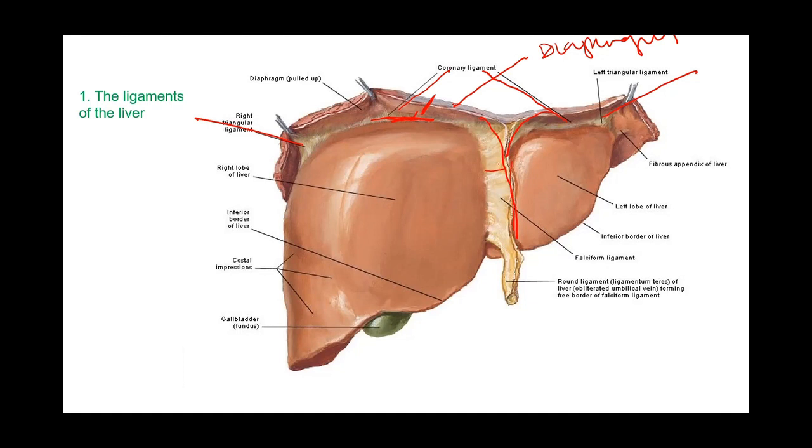This ligament is called the falciform ligament. These ligaments keep the liver in its position. The falciform ligament divides the liver into the anatomic left lobe and the anatomic right lobe.